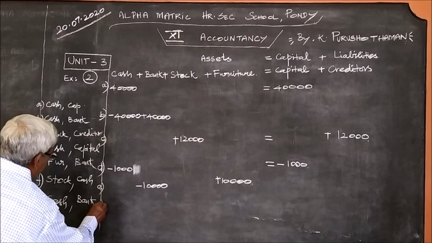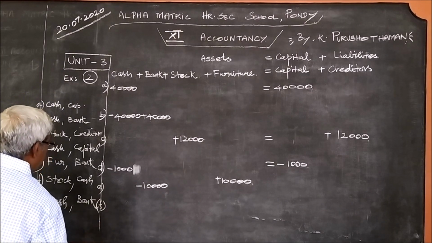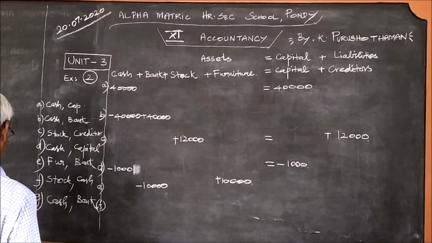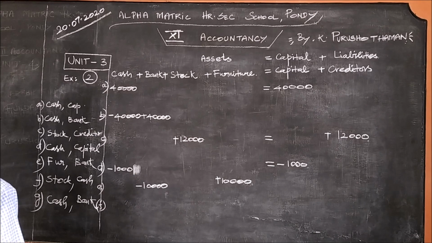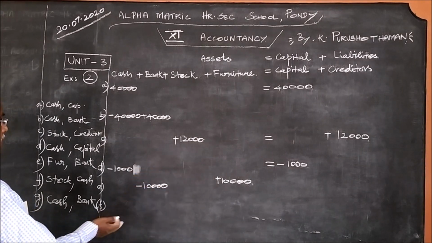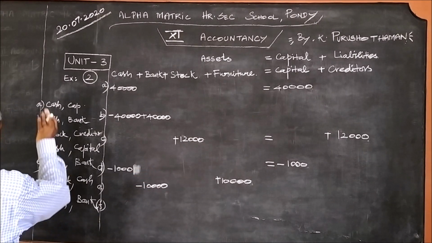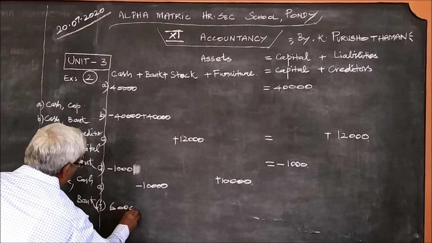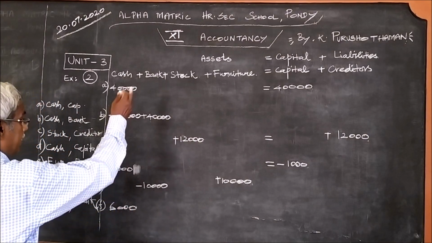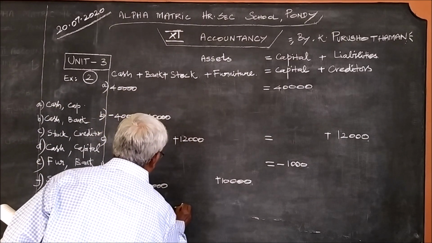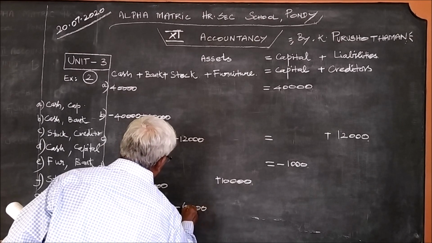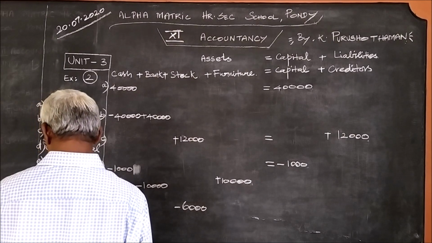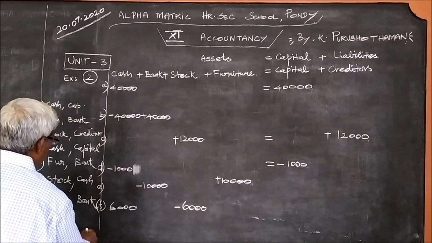And F, sold goods to Murugan and cash received. So when goods are sold, cash is received and it increases the cash, that is plus 6,000, and it will decrease the stock, therefore minus 6,000.